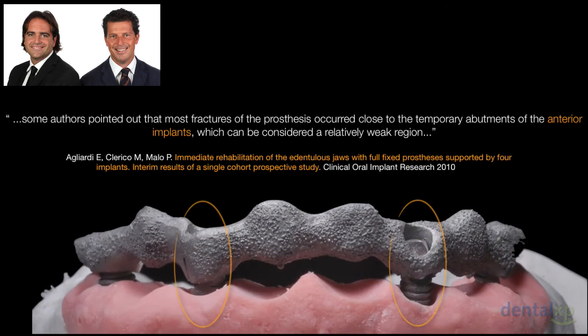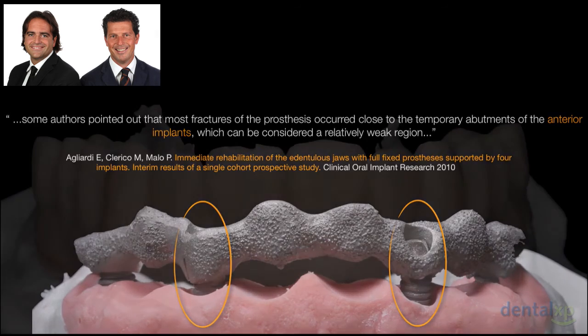And of course we have to study where the weaker areas are, and again the literature is telling us where these weaker areas are, and usually they are close to the temporary abutments of the anterior implants. So we have to think how to strengthen them. We have to know all these things in order to prevent problems during the treatment plan sequence.